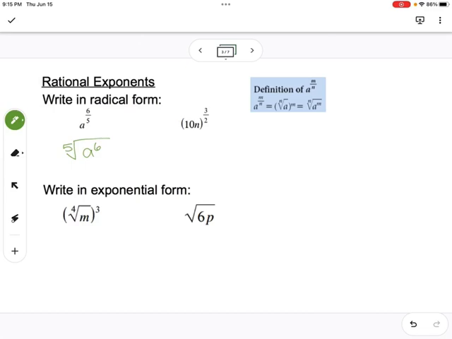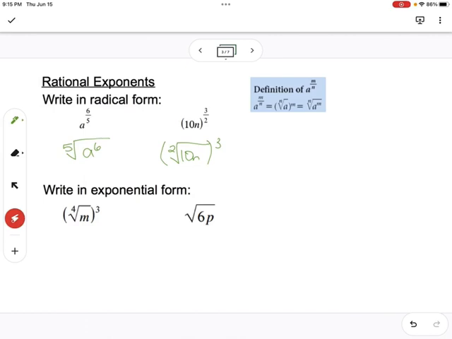Okay, this next one here, 10n to the exponent 3 over 2. The 2 goes out front, and we have 10n to the exponent 3. Okay, so you'll notice I wrote these a little bit different.